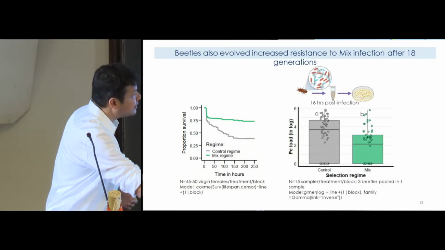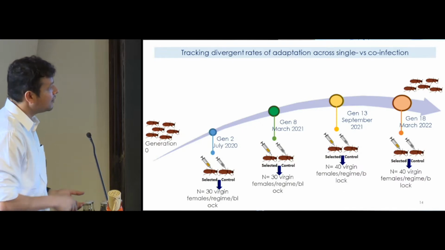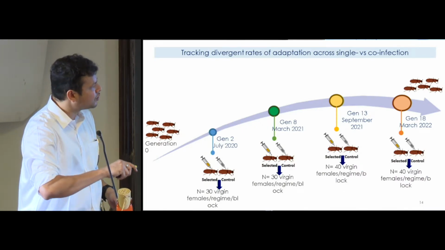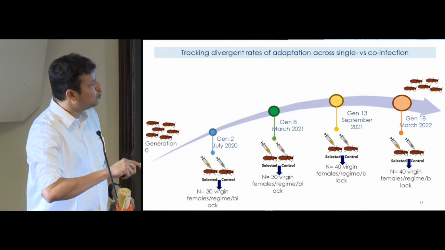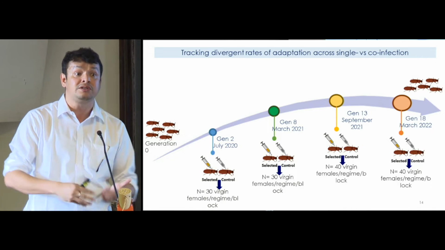So this graph suggests that the ability to survive better against infection is actually coming from their ability to clear the infection. So it is bacterial resistance that has evolved in these populations, right? And we have been doing this experiment fairly thoroughly. We have been tracking the evolution of these responses across generation 2, generation 8, generation 13, generation 18, and we plotted the response across different generations.